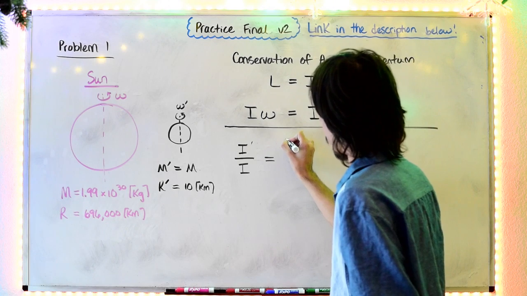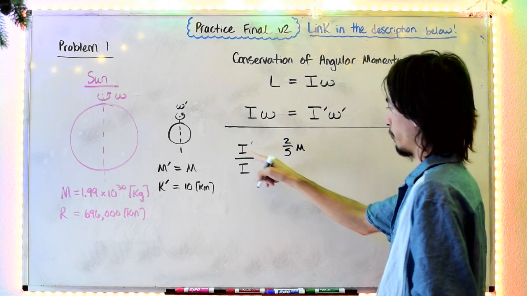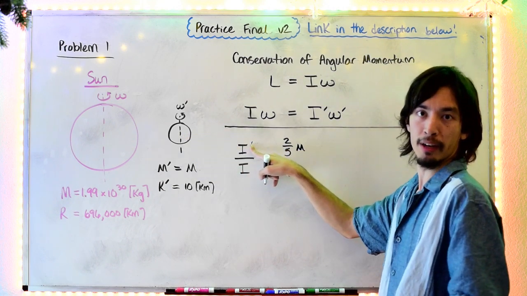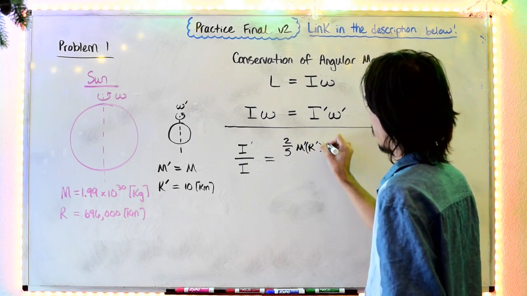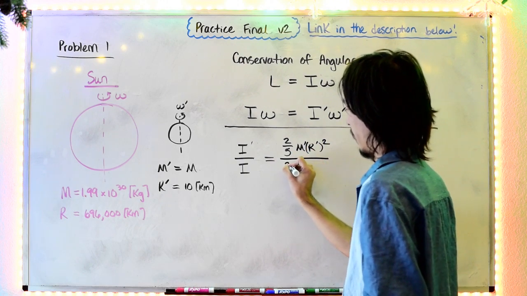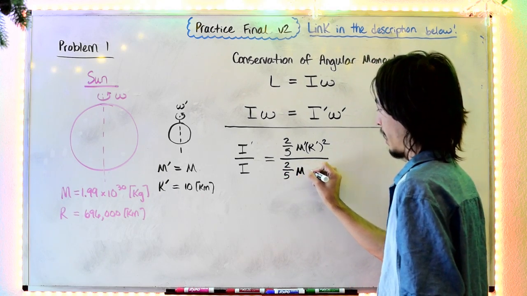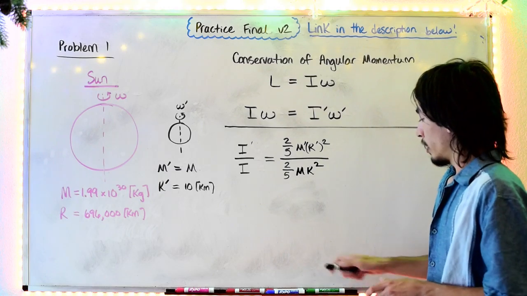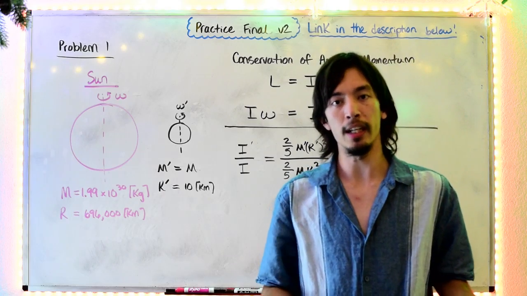So since it's a sphere, we know it's 2/5 mr squared, but for the neutron star after, we're going to put primes on everything. So 2/5 m prime r prime squared. And we're going to divide that by the original moment of inertia for the sun, which is 2/5 m r squared. Now, when we take this ratio, a lot of things will end up canceling out because they stay constant.